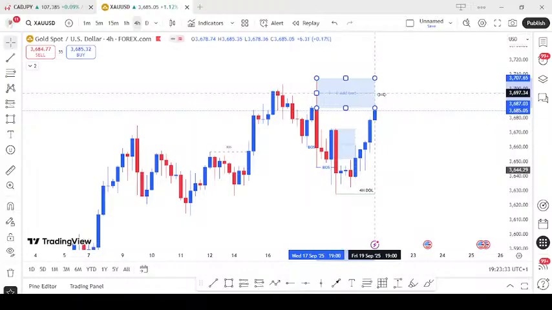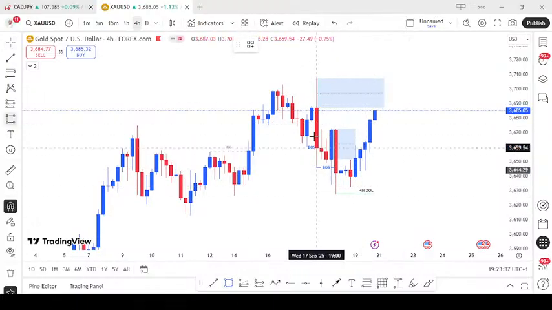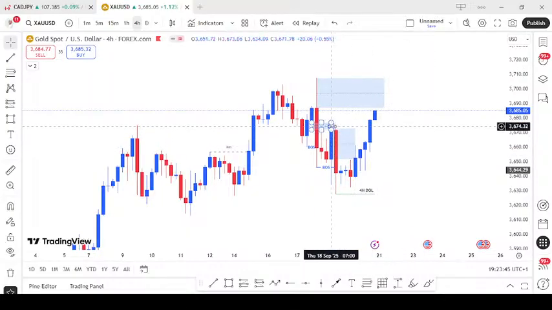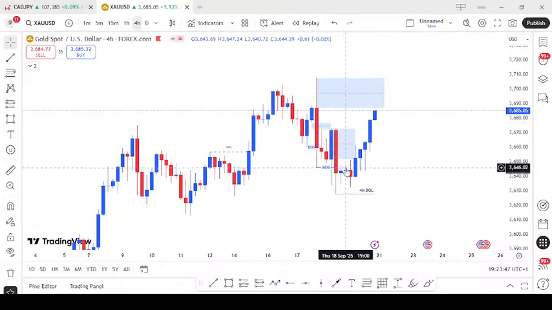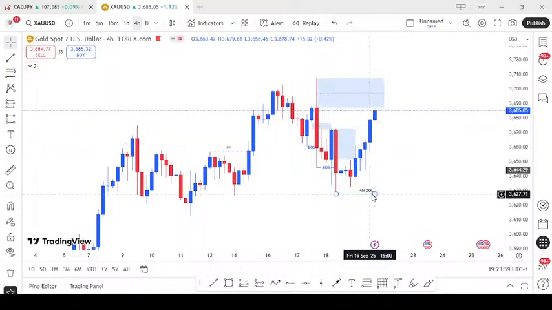I'll also be looking at this fair value gap here. Actually it has been mitigated, so this has invalidated this. So now price is here, and I'm expecting price to reverse into any of these POI, points of interest, before I can consider taking a sell to liquidate this 4 hours draw.